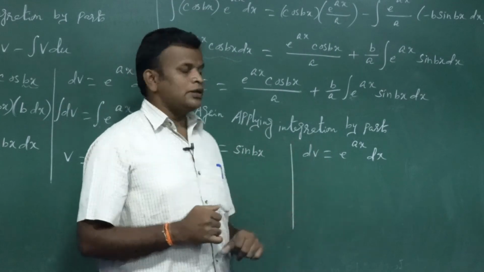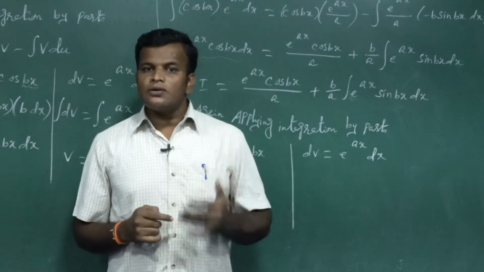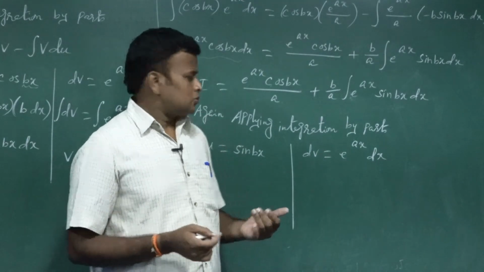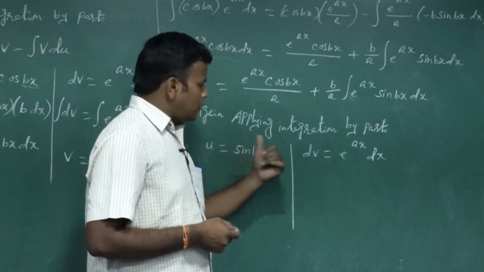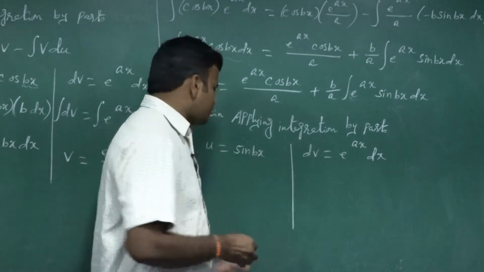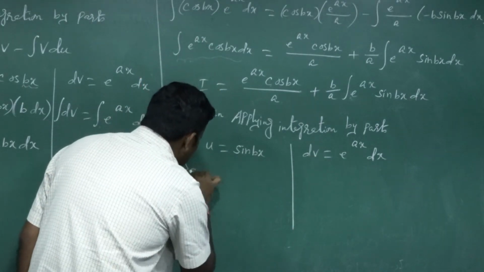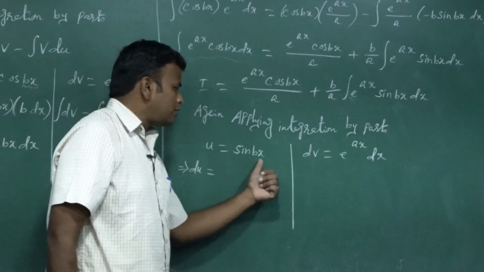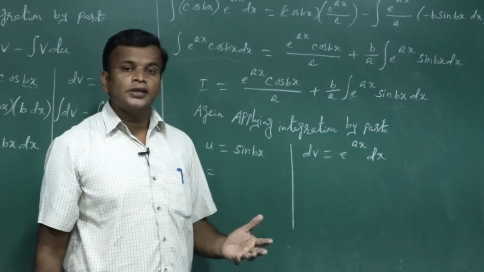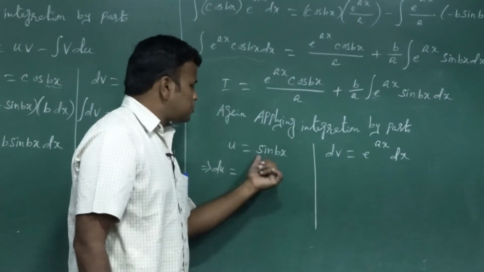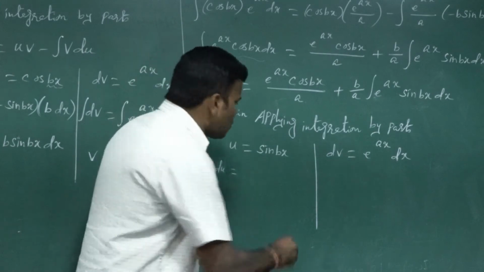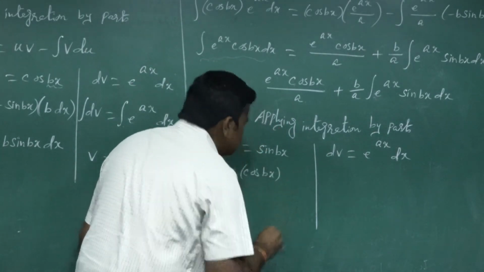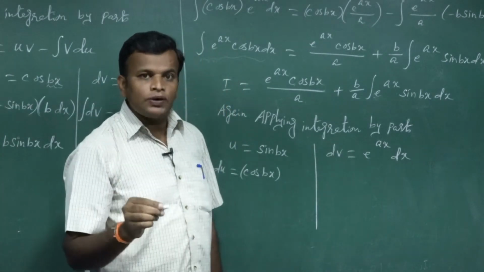LHS is u dv. In RHS, what terms are required? uv minus integration of v du. So from u we find du, and from dv we find v. The next step is taking differentials. The differential of sin bx is cos bx, but it is a composite function.